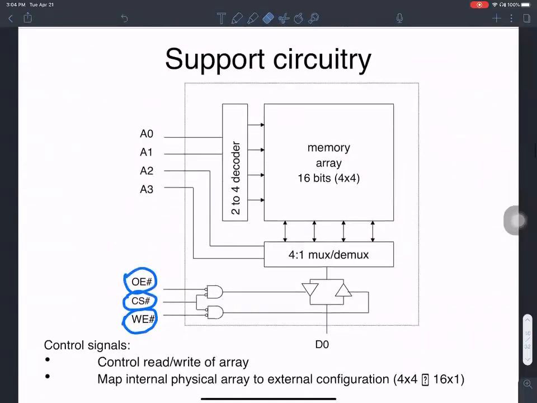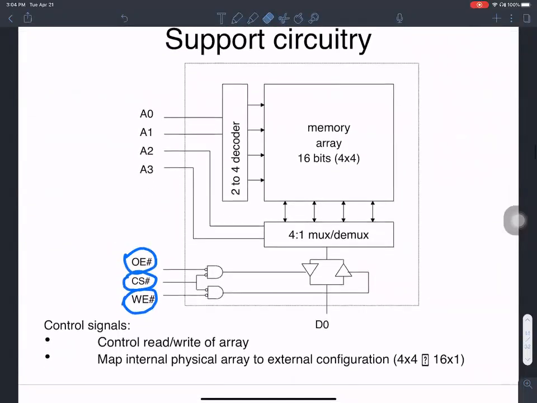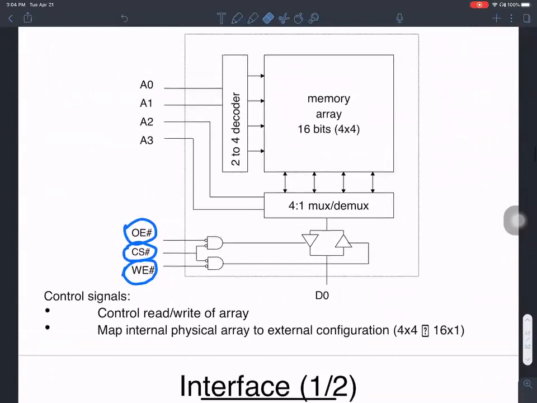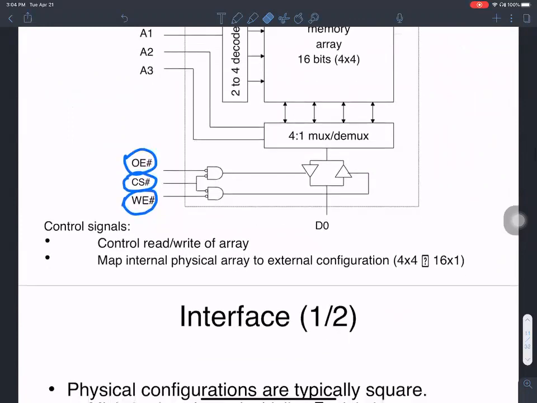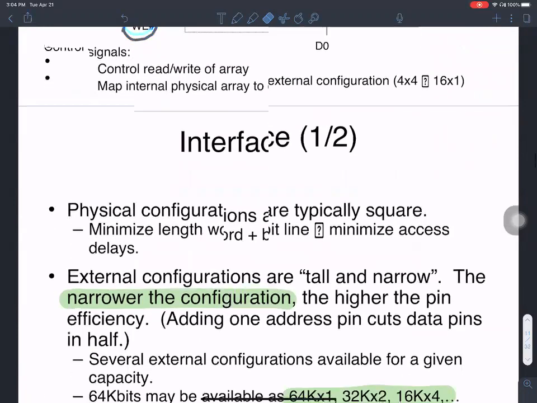We looked at the support circuitry necessary to be able to write to and read from memory. The address lines or the horizontal lines, the data lines or the vertical lines. And then there are control signals, output enable, chip select, and write enable. We looked at all of these.